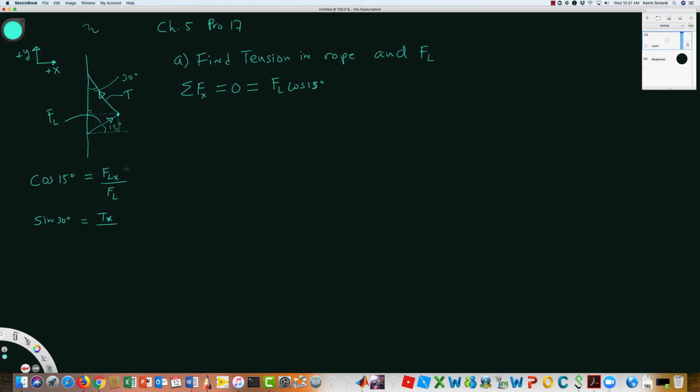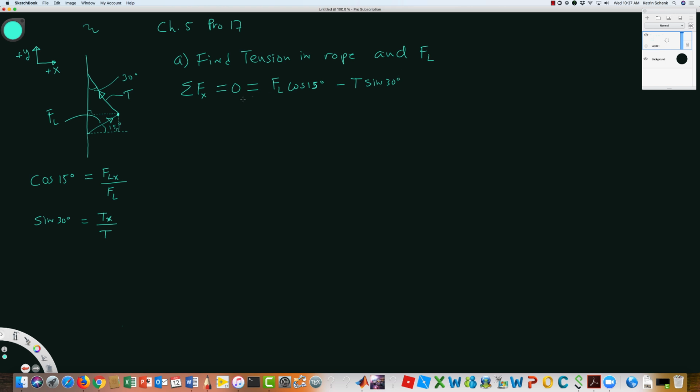It's not really drawn that way, but that's what you should imagine. So I need to put T sine theta to get my T sub x. Now, which direction is that? It's negative. To add up, you'd have to put the arrow this way. So minus, sorry, just T sine of 30 degrees.